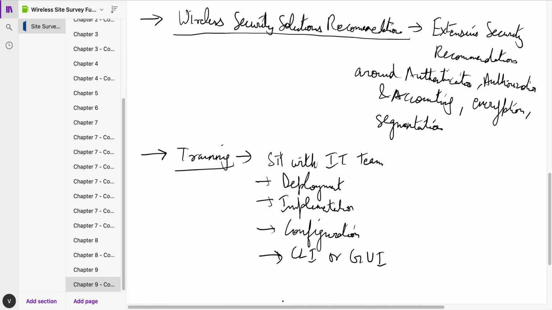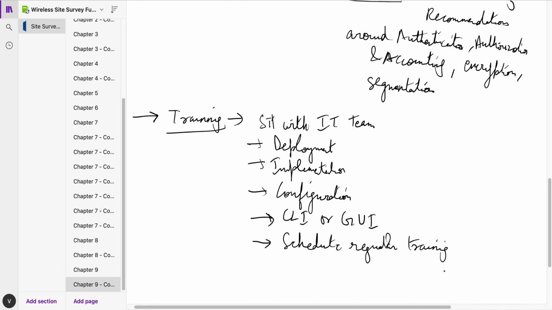If possible, I would schedule regular trainings with the customer team, or a doubt clearing session after every month or every quarter, until your project is fully executed. This is going to win you some very big brownie points.